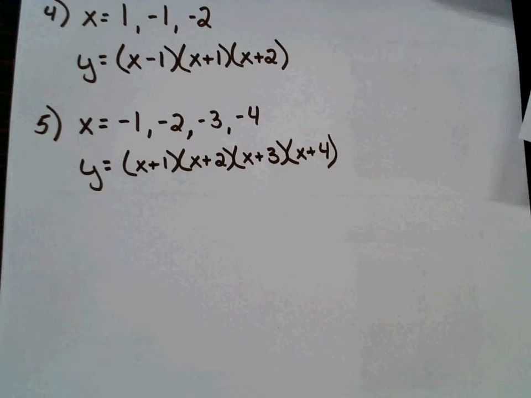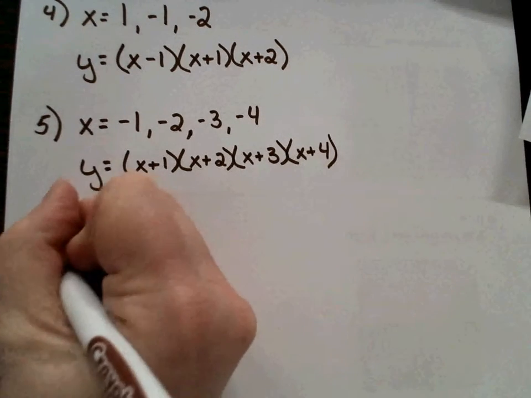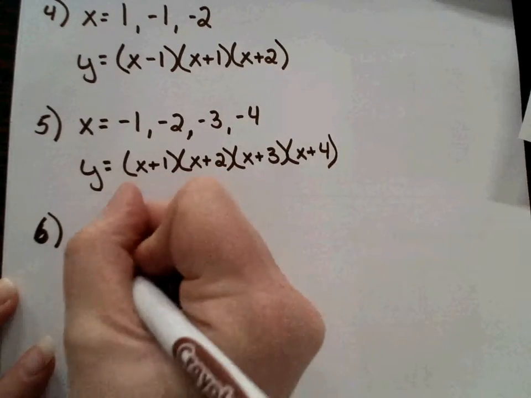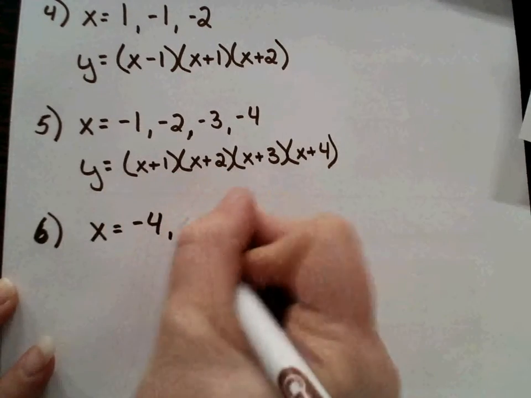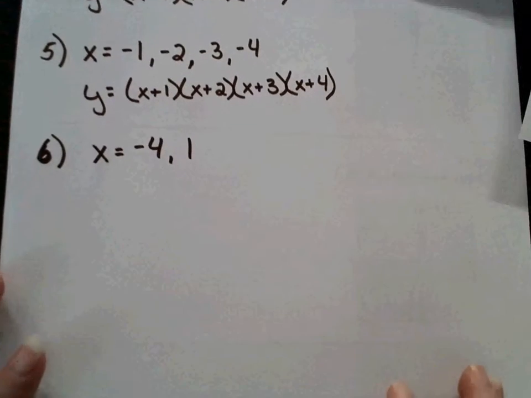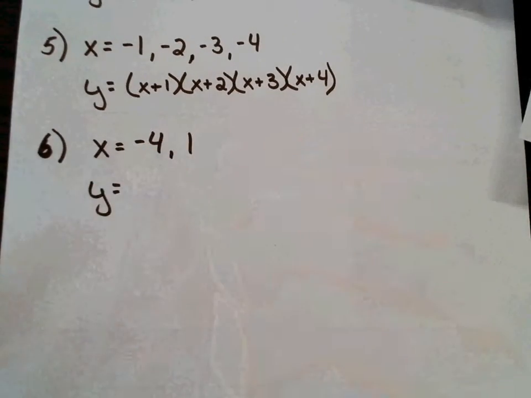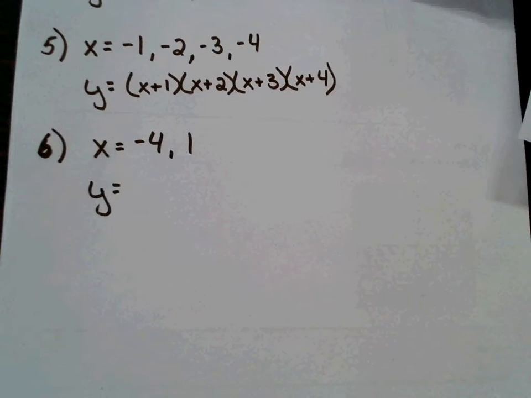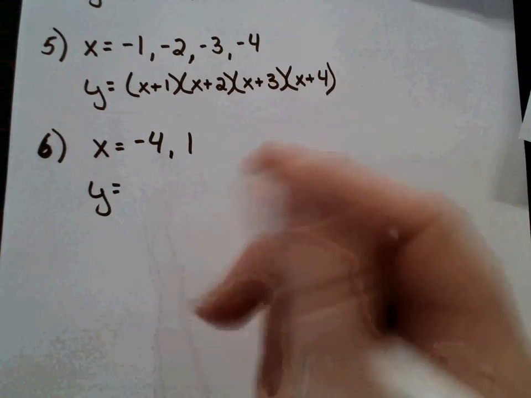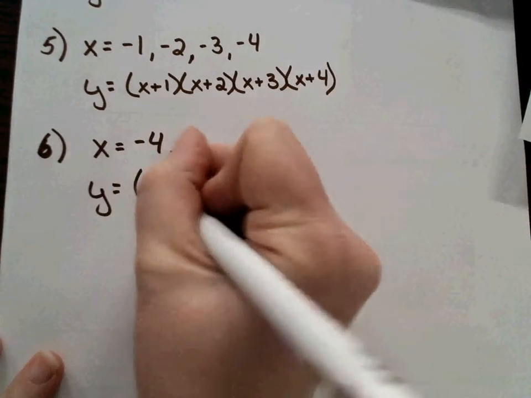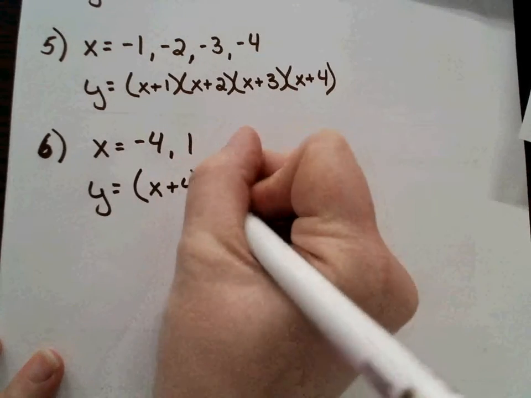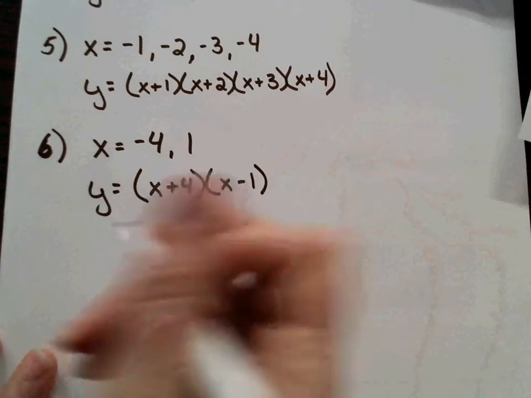And only 4 times. Okay? X equals -4 and 1. This would be the opposite of -4, x plus 4, x minus 1.